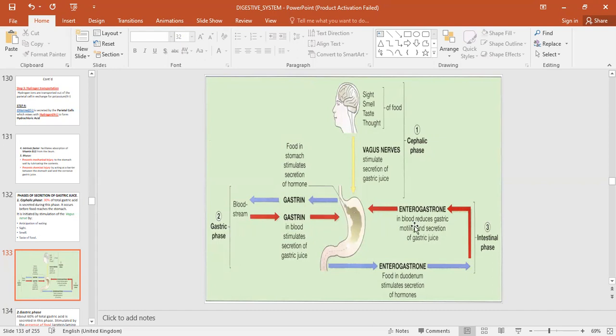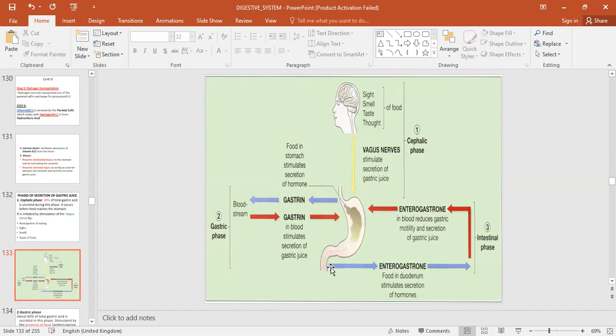Okay, then the other one is now the intestinal phase. So when digestion is complete in the stomach and food goes into the small intestine, the moment the pyloric sphincter relaxes, food goes into the duodenum. The moment food enters the duodenum, the first part of the small intestine, there are enteroendocrine cells in the small intestine, similar to G cells, the ones that produce gastrin.